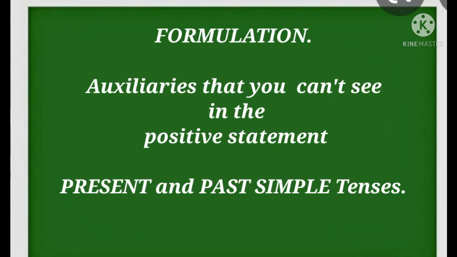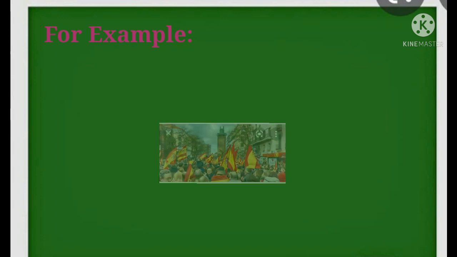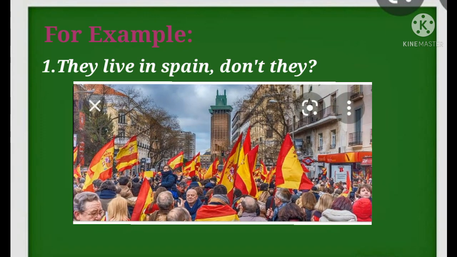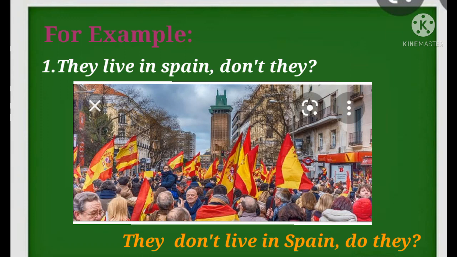Right. Now, let's look at the statements where you cannot see the auxiliaries in the positive statement. This includes sentences in the present and the past simple tenses. For example, they live in Spain, don't they? They don't live in Spain, do they?